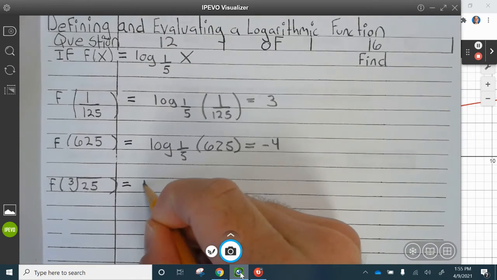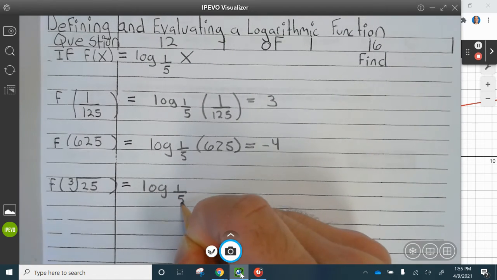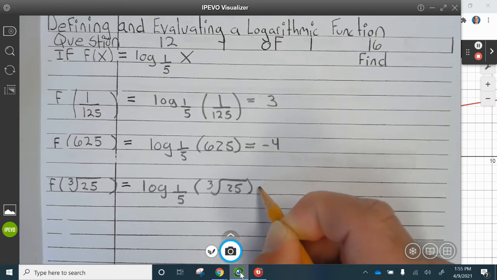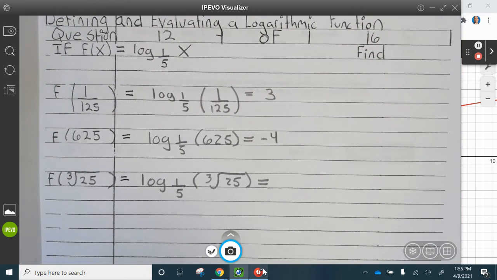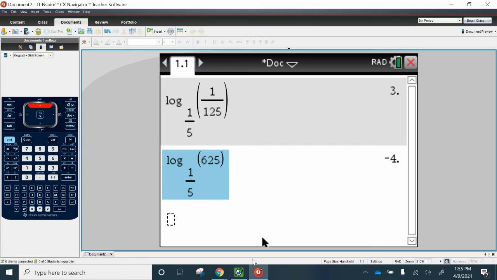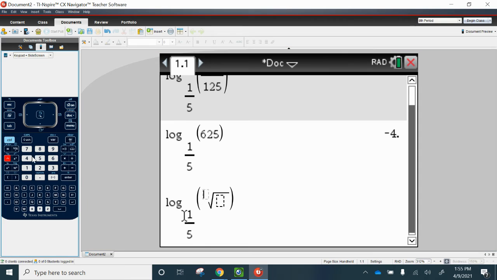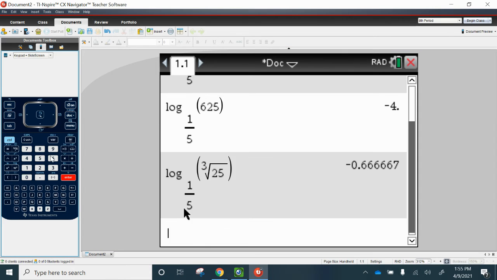Then this is log base 1/5 of the cube root of 25 equals. I'm going to highlight, enter, change this to control up key cube root of 25, which is negative 0.6667.